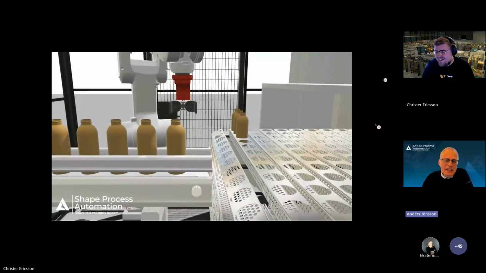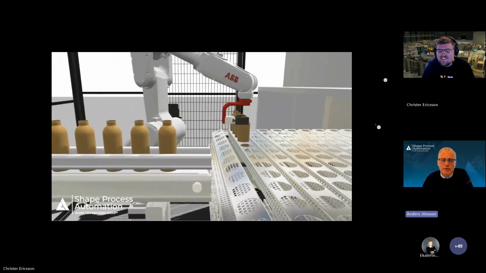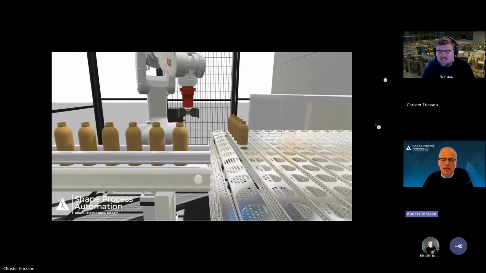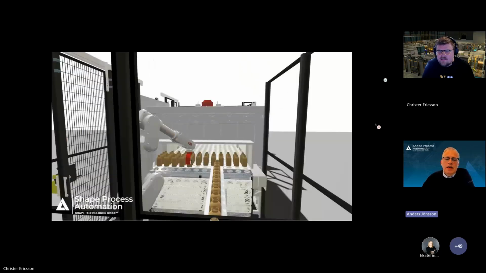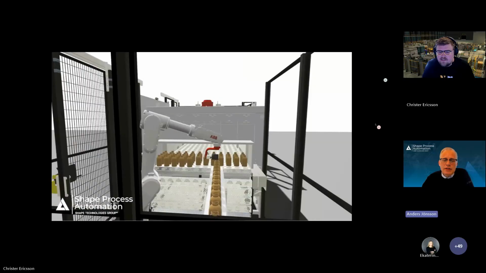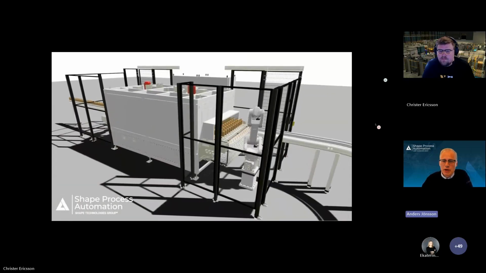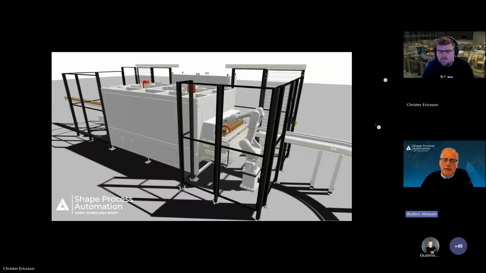So this is one case we did for showing. This was for a special machine or oven or whatever it is, where we want to put those bottles on this special conveyor. And there we got help from you, Christer, again, with how to conceptually think about modeling something like this.